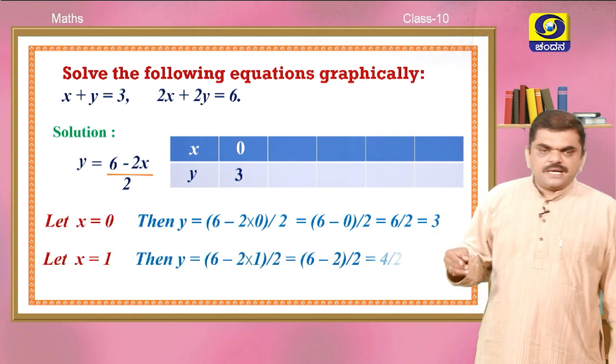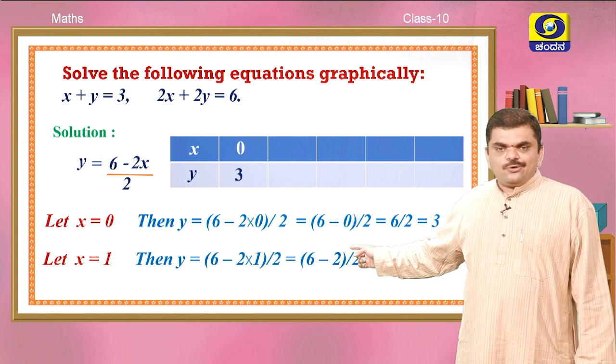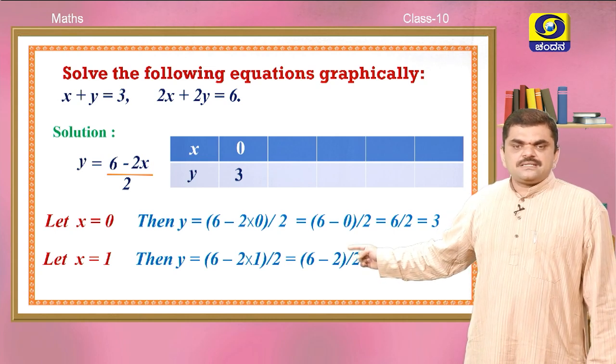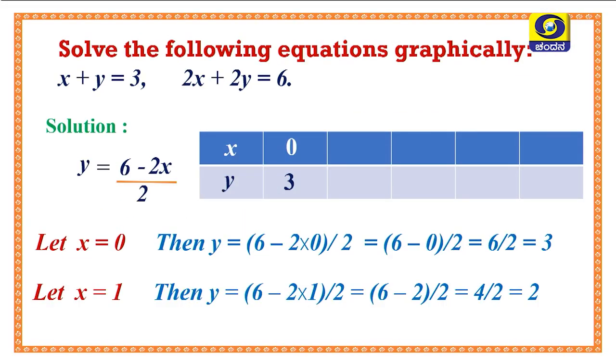Now, when x becomes 1, y is equal to (6 minus 2x) by 2, that is 6 minus 2 into 1 divided by 2, that is 6 minus 2, because 2 into 1 means 2 only. 6 minus 2 by 2, that is 4 by 2, that is 2. So the x coordinate is 1, the y coordinate is 2.